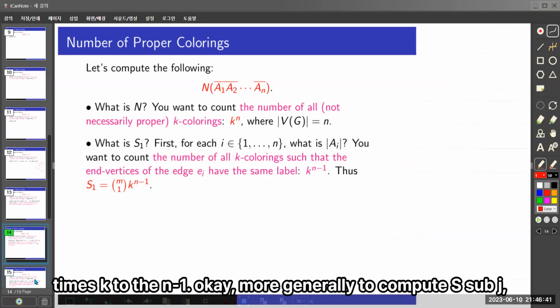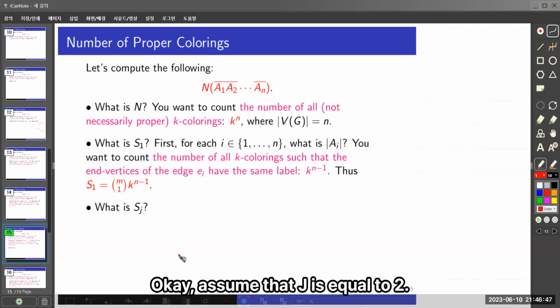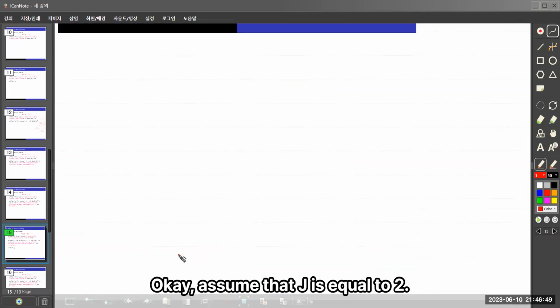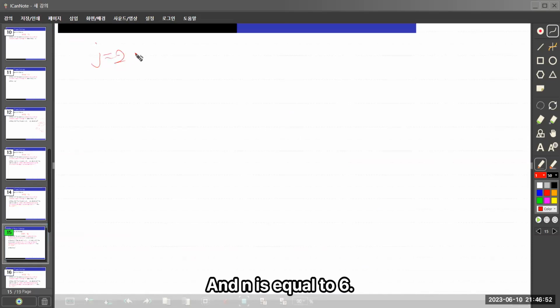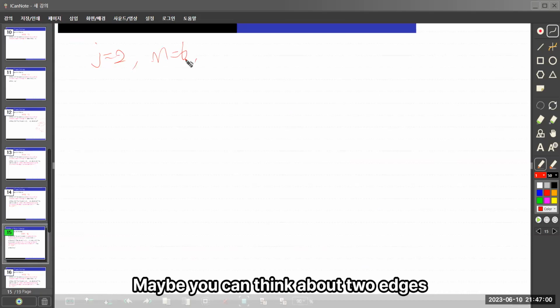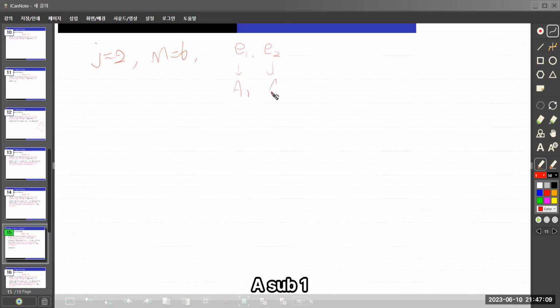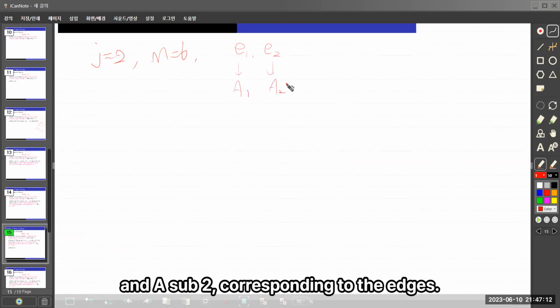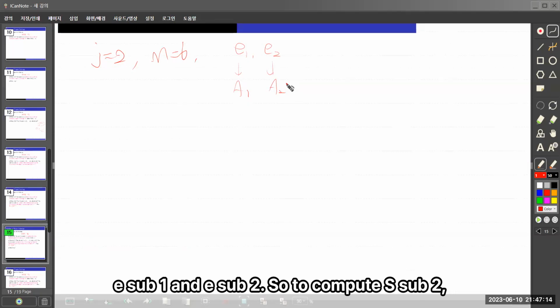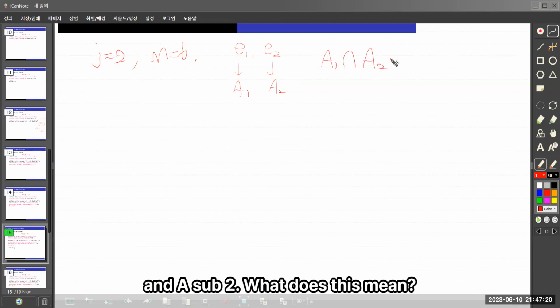More generally, to compute S_j, what do we have to do? Assume that j is equal to 2 and n is equal to 6. To compute S_2, think about two edges, say e_1 and e_2, and the sets A_1 and A_2 corresponding to them. You should think about the intersection of A_1 and A_2. What does this mean?